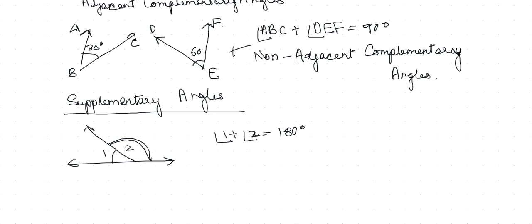These are adjacent, meaning they have the same vertex and one common side. So these are adjacent supplementary angles.